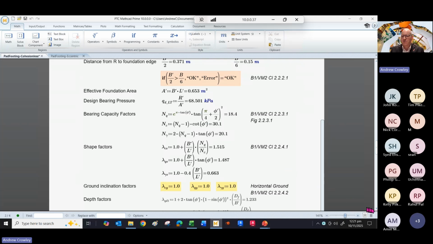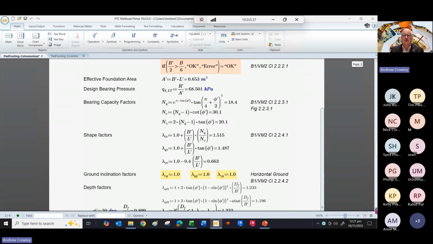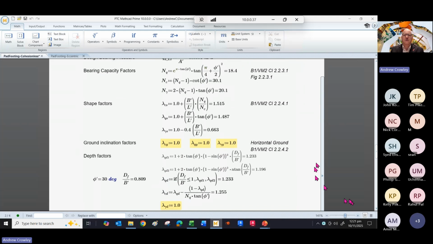Now this is where we get into complicated calculations, but these calculations are taken from the code VM2. This one is a bit obscure because you're raising the natural logarithm base e by pi times tan phi and then multiplying it again. So you've got to be careful how you write that to get the correct answer.